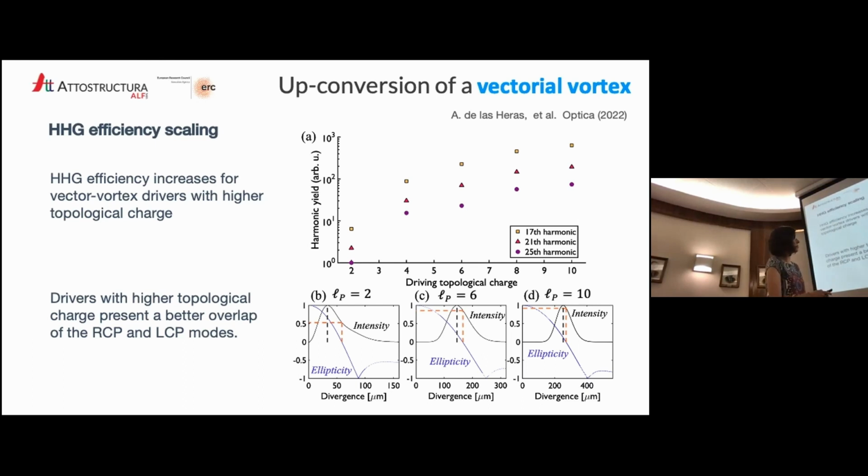For higher topological charges, the ring of zero ellipticity approaches the ring of peak intensity, and the slope of the ellipticity flattens. So basically, there is a better superposition of the right and left circularly polarized modes for higher topological charges, which leads to a bigger region where the ellipticity is low, and this region has a higher peak intensity, which leads to a higher HHG efficiency.